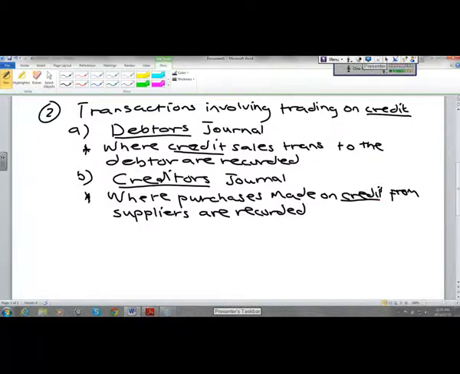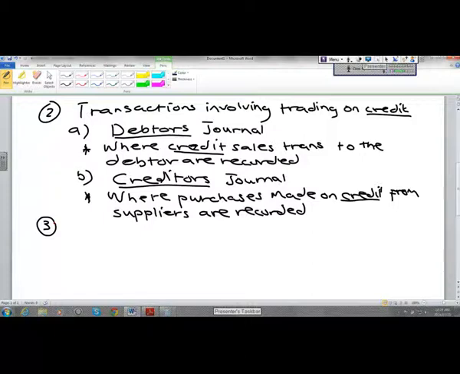Here we're dealing with transactions that are involving returns. If there was anything wrong with our credit sales transactions, we are going to bring them into this category. If there was anything wrong with the purchases we have made from suppliers on credit, they are going to come to the third category. What can go wrong?